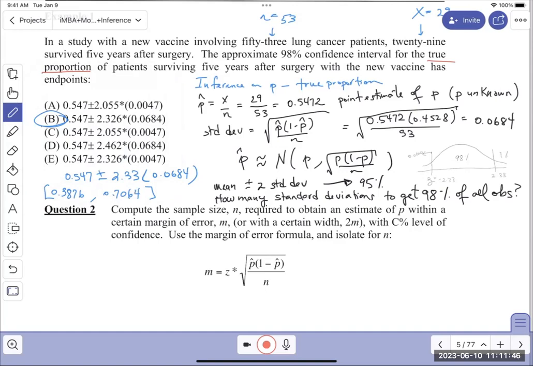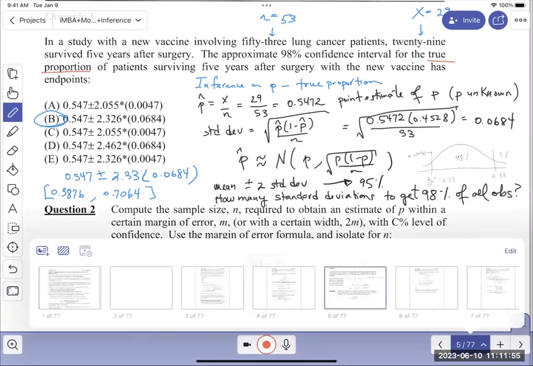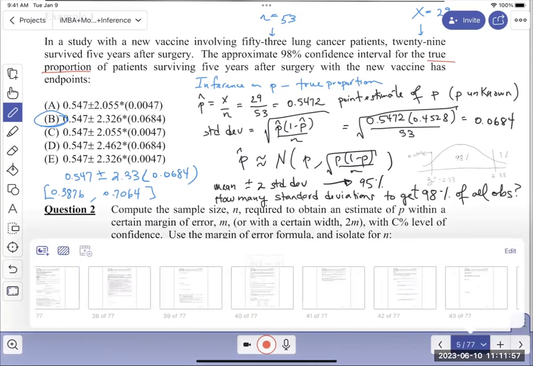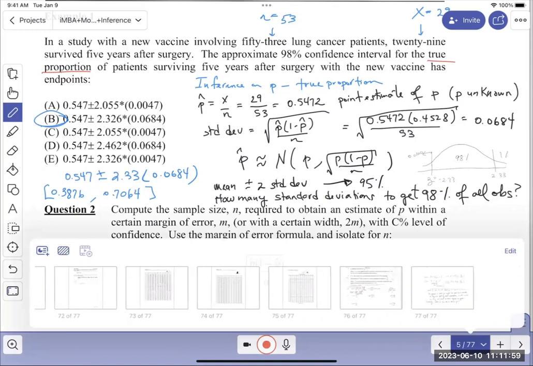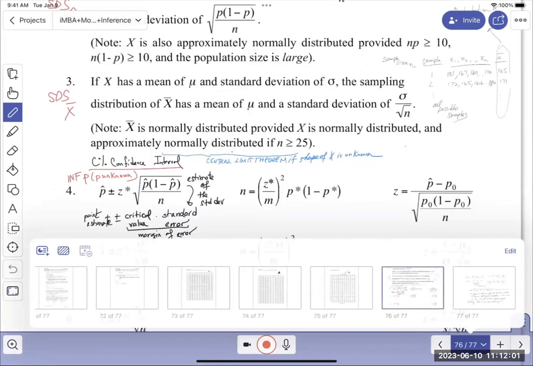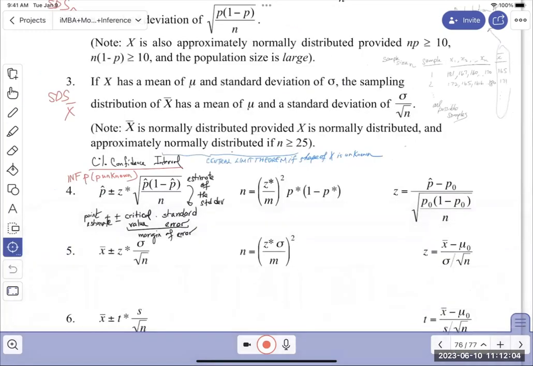So looking at our theory again for a moment before we return. P hat is calculated from the sample. What you can change is, well, as a researcher, you could take a different sample size.